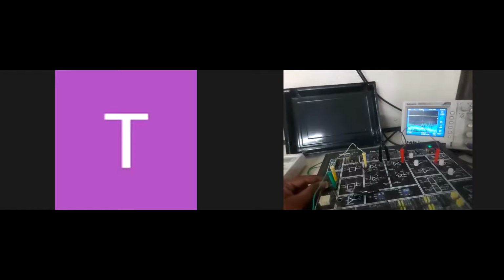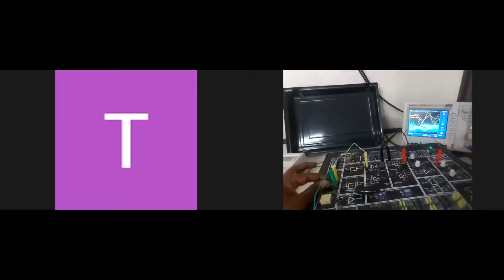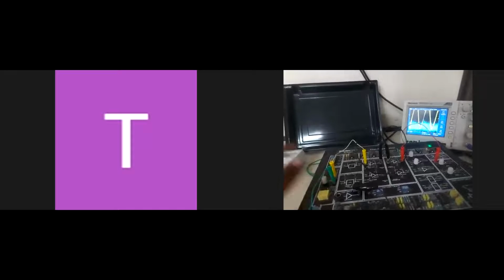So for this basic analog signal, बघा इथून ह्या पॉट थ्रू मी त्याचा एम्प्लिट्यूड आता 0 केले. If I slowly increase it, you can see it. इथेच एम्प्लिट्यूड वाढते. And the maximum amplitude which you can get is 10 volt peak to peak for this analog signal.